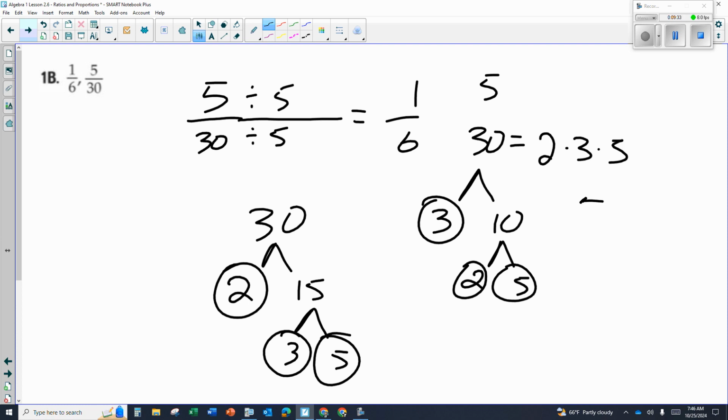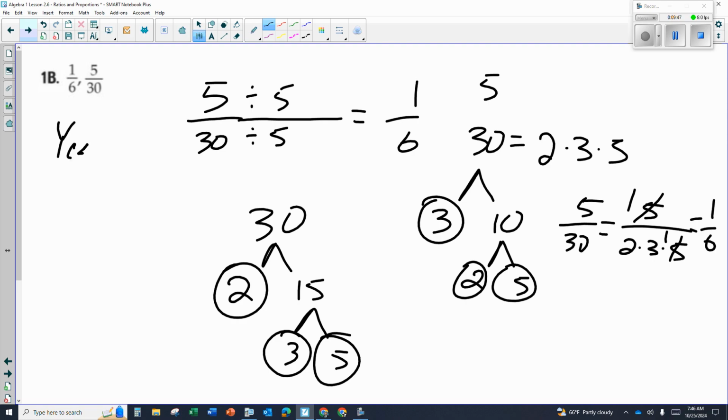And so 5/30 is equal to 5 divided by 2 times 3 times 5. 5 divided by 5 simplifies to 1 over 1. That means you're left with 1/6. So this is yes. And the reason would be because 5/30 simplifies to 1/6.